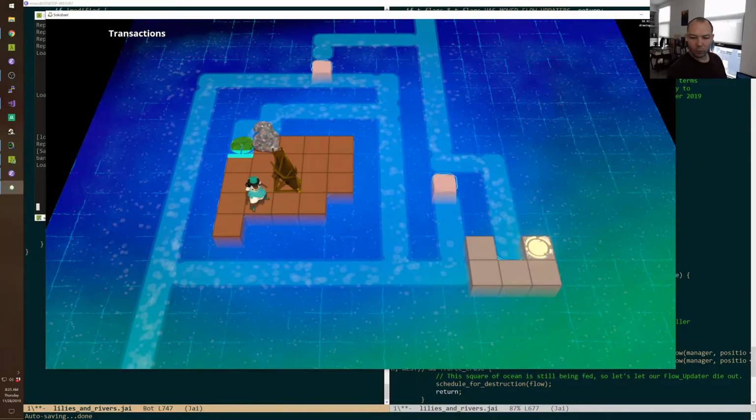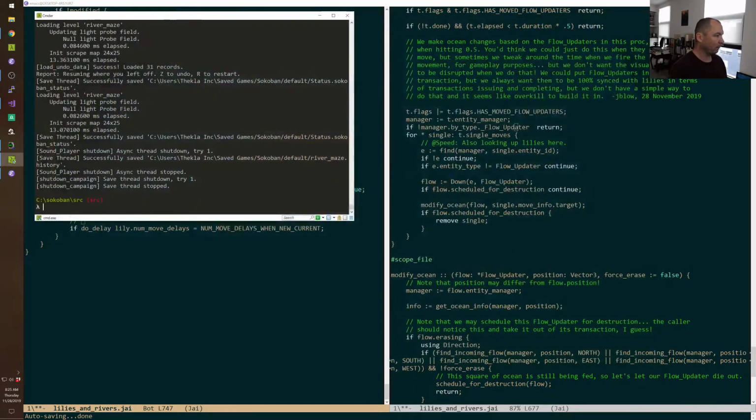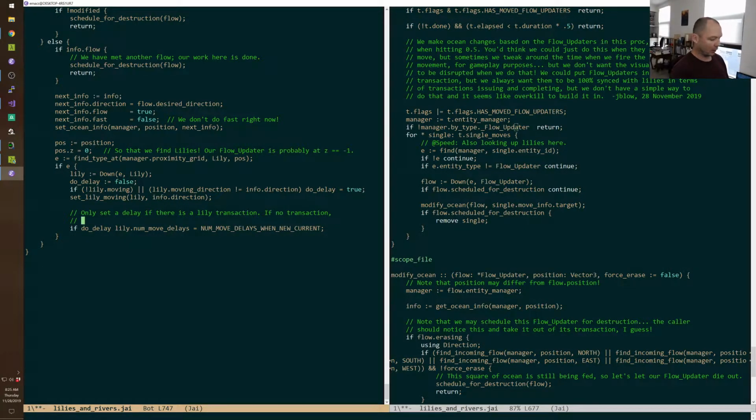Is this a spoiler for that? These are all real levels that we're looking at. These are all real levels.